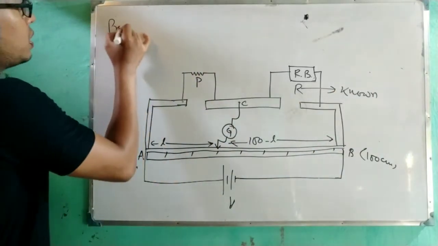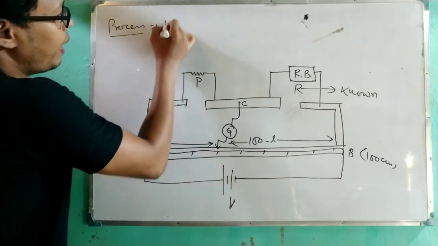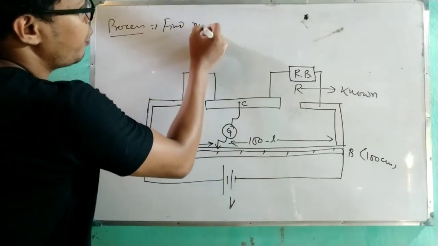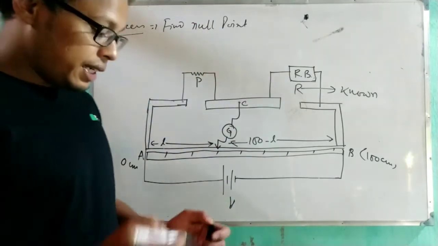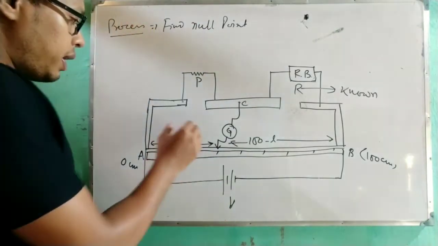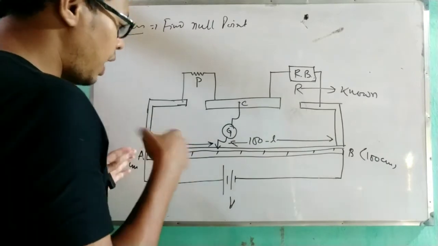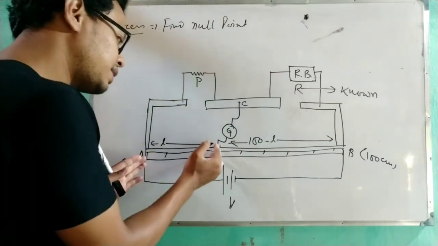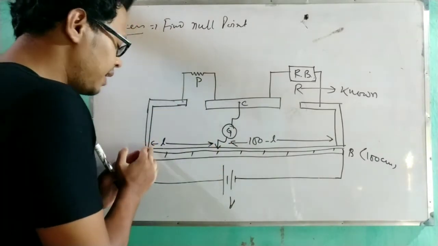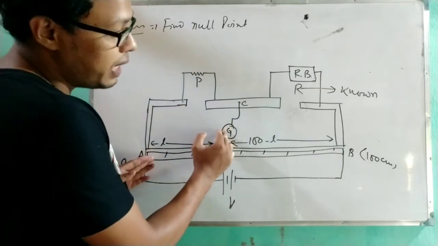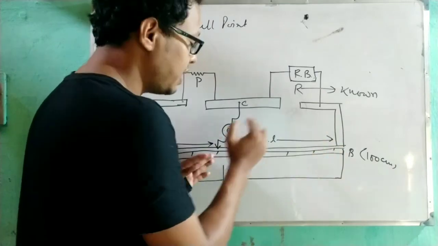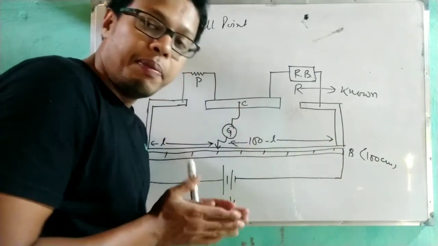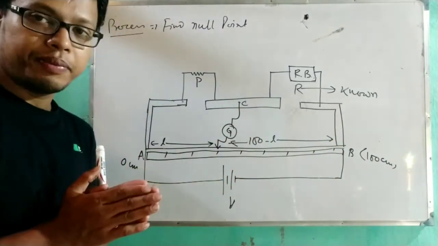So the first process is to find the null point. What is the null point? See, how will you check whether the circuit is connected correctly or not? Touch this jockey on the left side; if it gives a left deflection, and when you touch the jockey on the right side, if it gives a right deflection, then the circuit is okay.